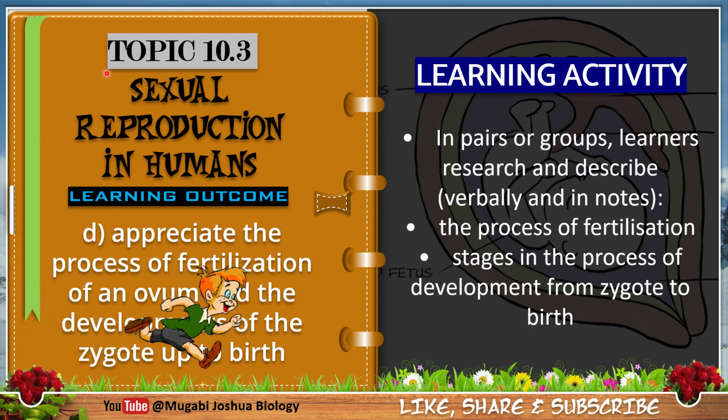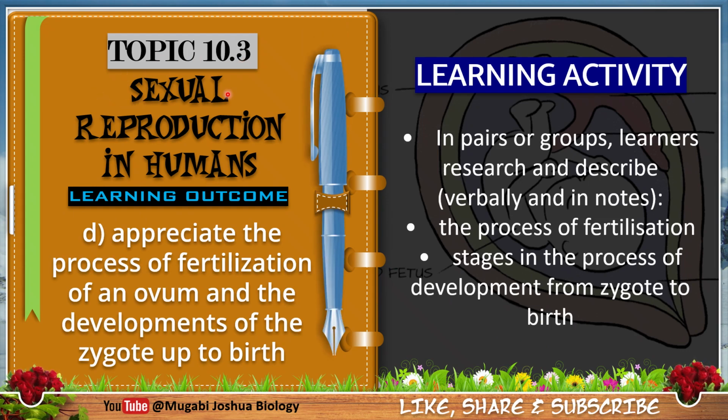Thank you for participating in topic 10.3. We have been looking at sexual reproduction in humans. We have looked at learning outcome D: appreciate the process of fertilization of an ovum and the development of the zygote to birth.